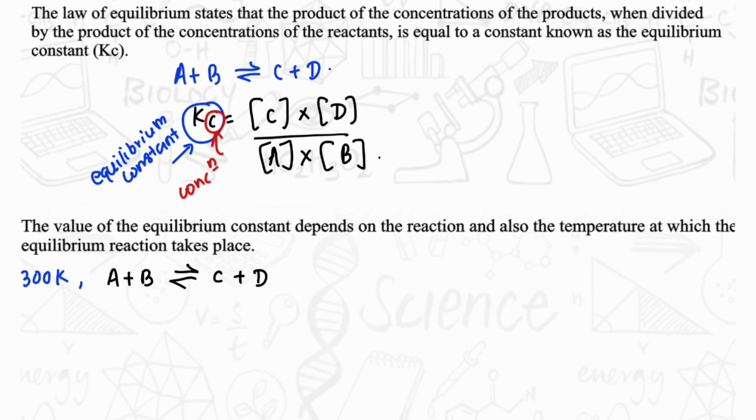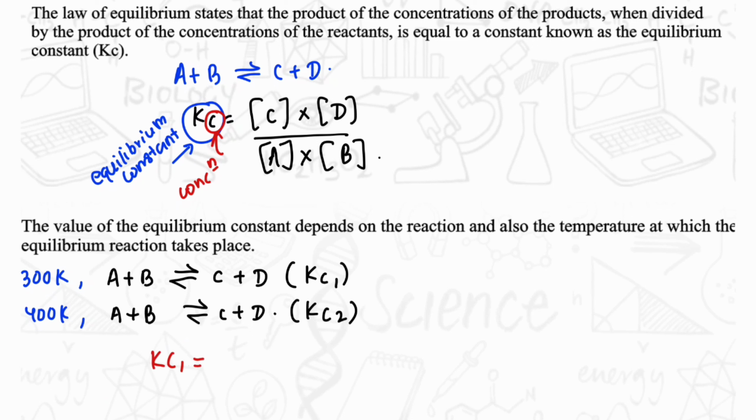And also we have another reaction which takes place at 400 Kelvin, the same reaction. So if this is Kc1 and this is Kc2, Kc1 is not equal to Kc2 because the temperature is different.